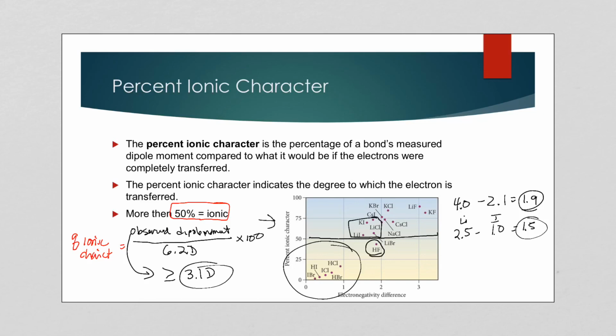Now, why do we see that? Well, think about what's making up the dipole moment. If you look at some of these, they're big atoms. Iodine is a very big atom. Potassium, cesium, these are also pretty big atoms.